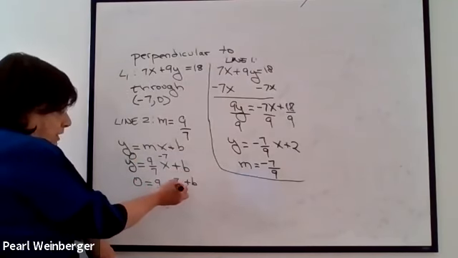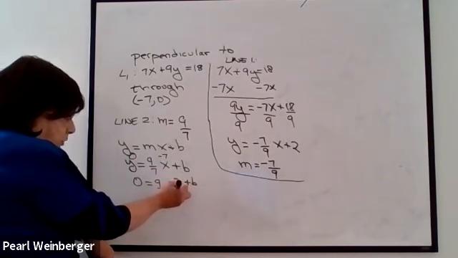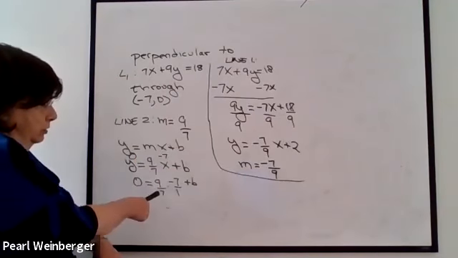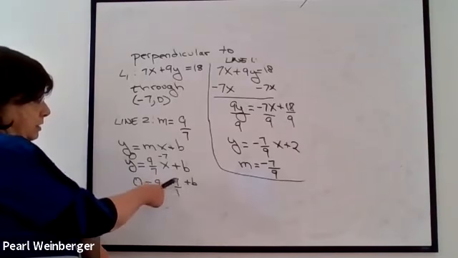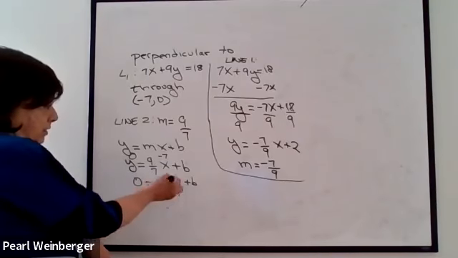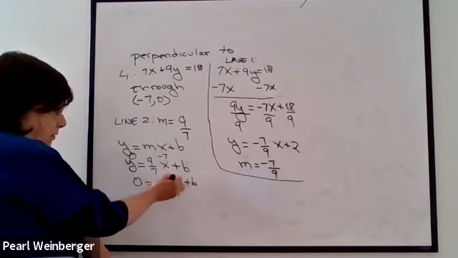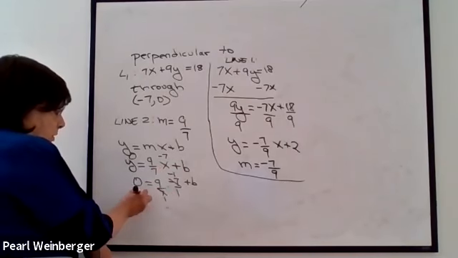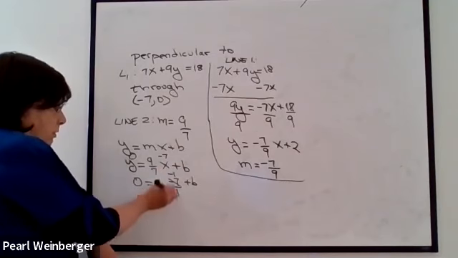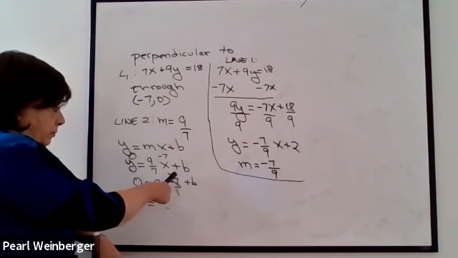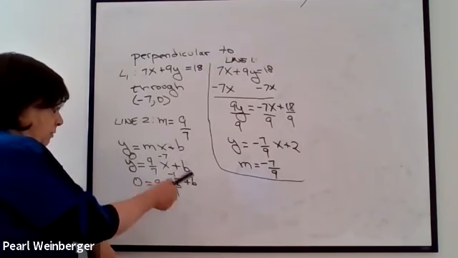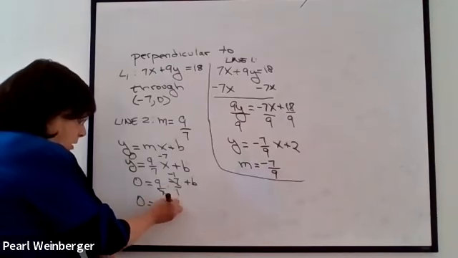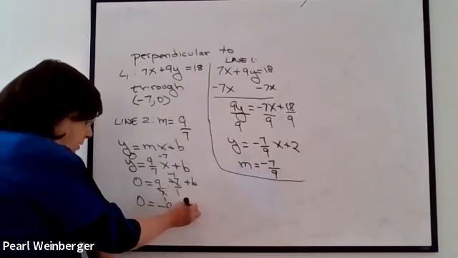Now, this -7 is really -7/1. And if you notice this, the numerator and the denominator cancel out here. I can cancel this out, and this will give me -1, which gives me 0 equals 9 times -1, which is -9 plus b.